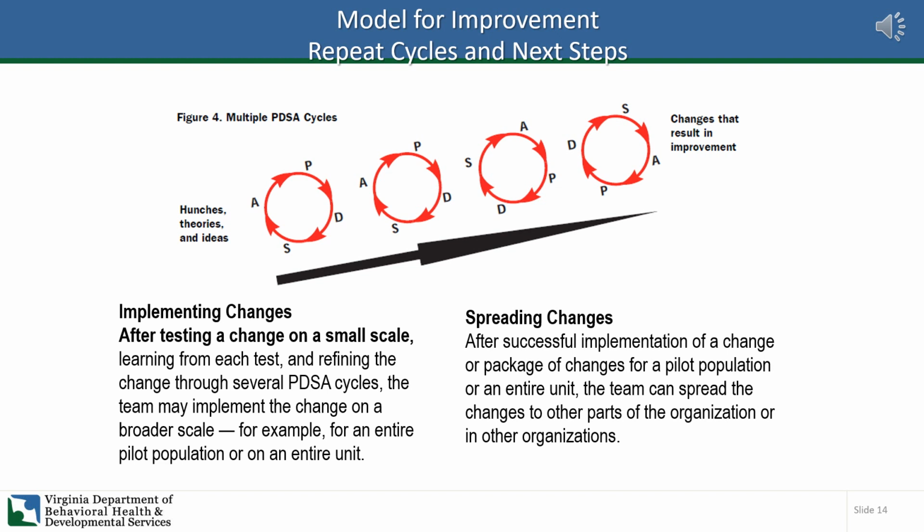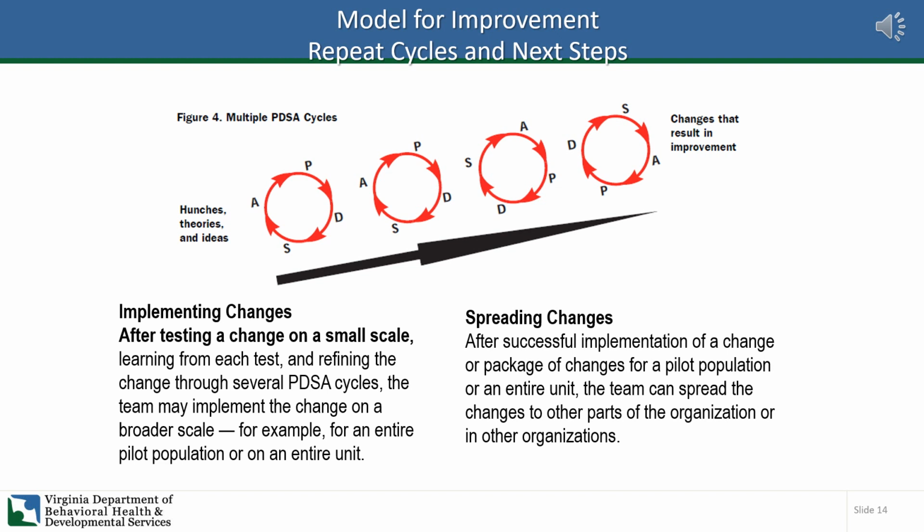This is a PDSA ramp. Basically, this just means that as you repeat cycles and next steps, your hunches, theories, and ideas become changes that result in improvement after multiple tests. So after the first one, you might scale up, learn something else, scale up even more, until you're resulting in more widespread improvement.